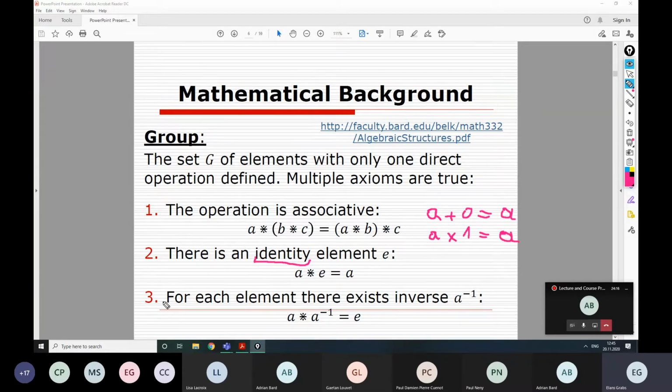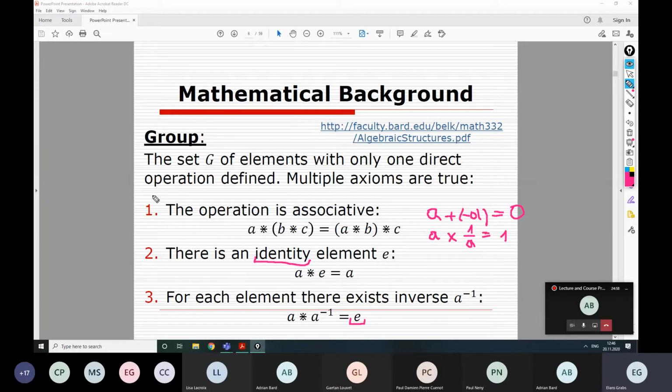Also, the third axiom: for each element, there must be an inverse element, so that the operation between direct and inverse elements would give us the identity value. So, for example, if we return to these operations, for addition we would need the inverse element as minus a, which would give us the identity element of 0, and for multiplication we would need the element 1 divided by a, which is the inverse by multiplication, which will give us our identity element 1.